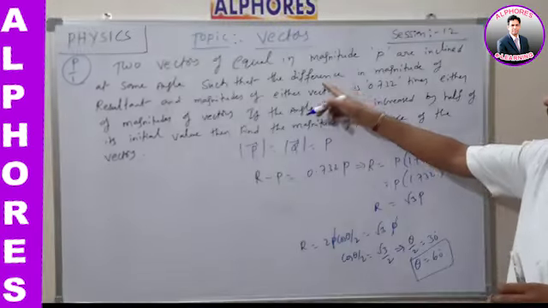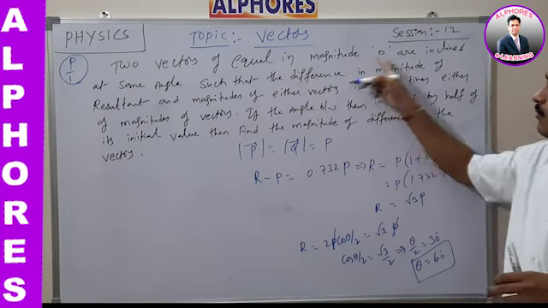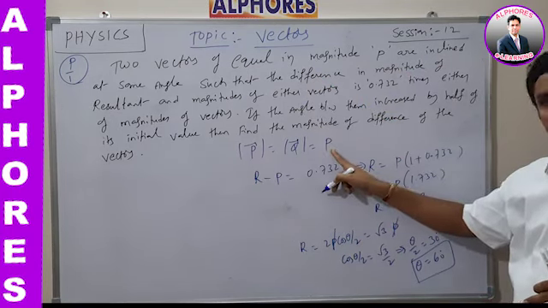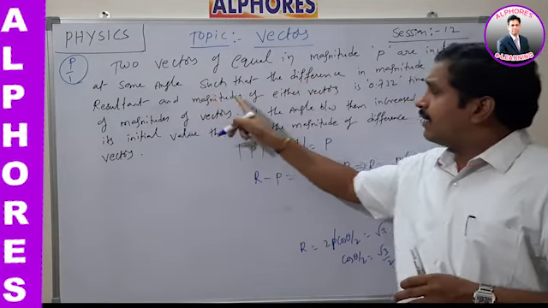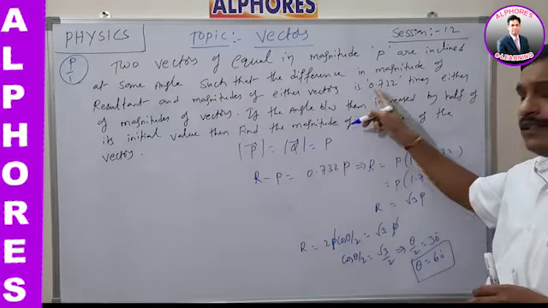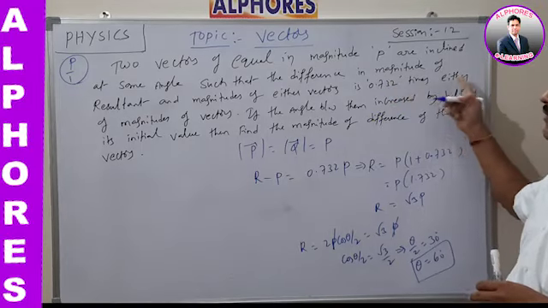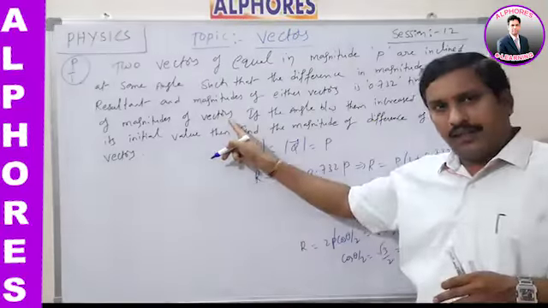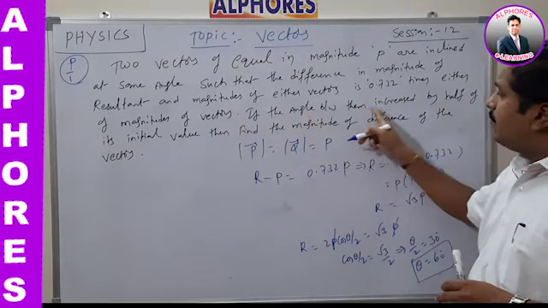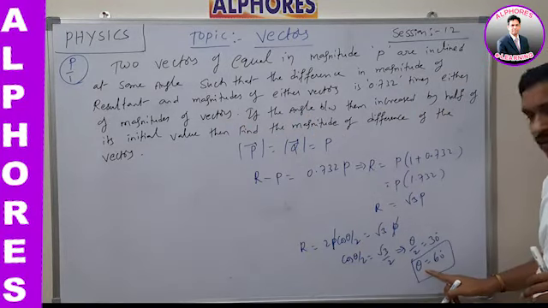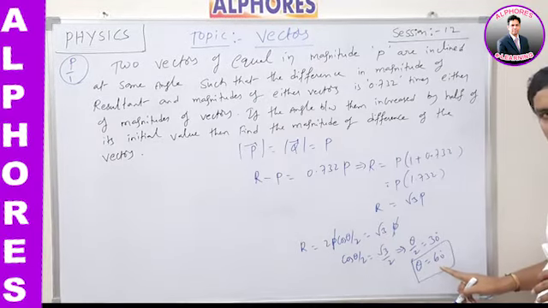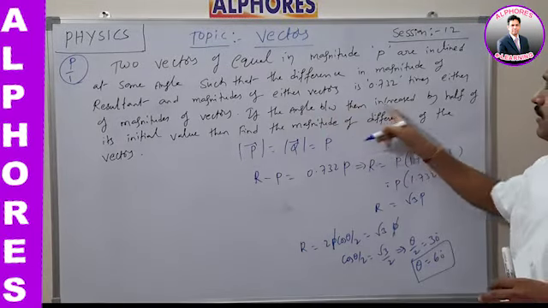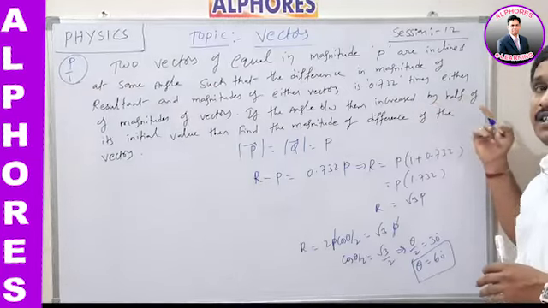According to the first condition, both have equal magnitude, equal to P. According to the second condition, the difference in magnitude of the resultant and magnitude of either vector is 0.732 times that of either of the two vectors. As per the condition, I am getting theta equal to 60 degrees, right? Now, the angle between them is increased by half of its initial value.